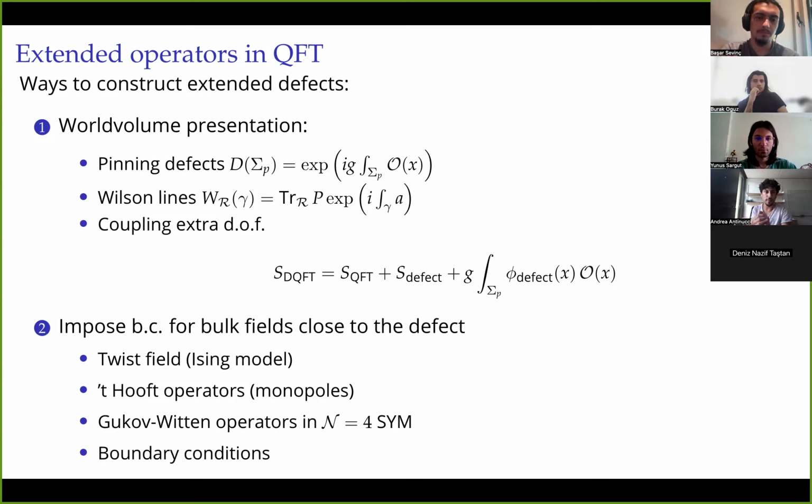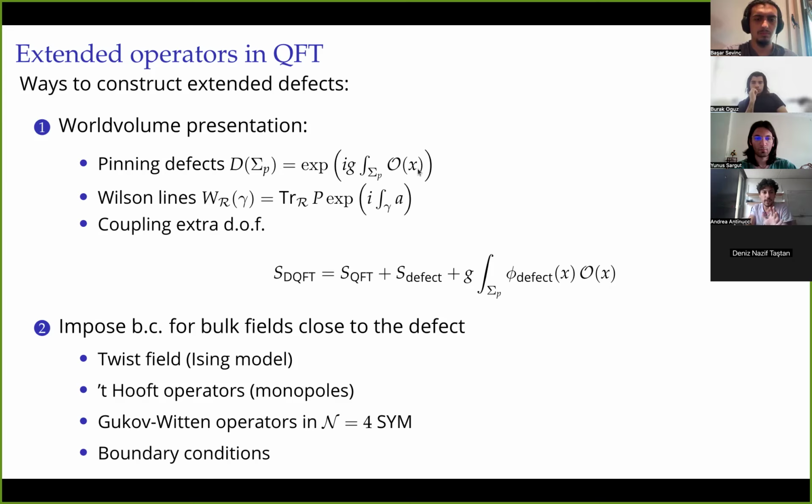The simplest example is what many people call a pinning defect, in which you start from some local operator O and integrate it over a submanifold of your spacetime. So this is an extended defect constructed out of local operators, and it's likely that most of its properties can be inferred from the properties of the local operator.